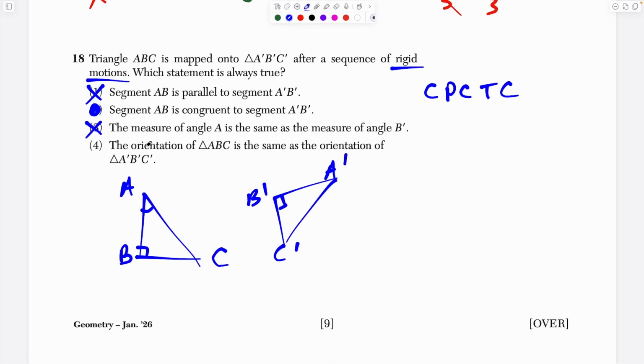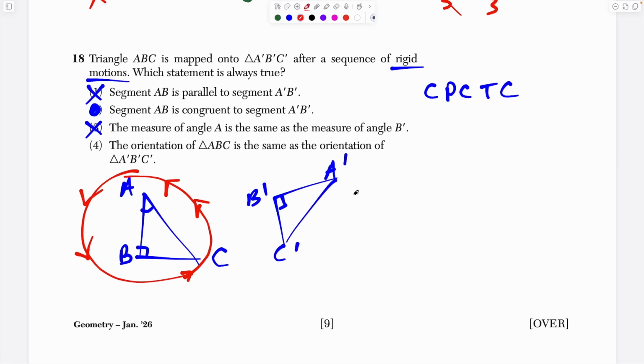Now, this one's a little tricky to understand. The orientation of triangle ABC is the same as the orientation of triangle A prime, B prime, C prime. A rotation will preserve orientation. What that means is, if I were to go in a counterclockwise direction like this, and let's say I just keep spinning in a circle, I'll just keep saying the letters ABC, ABC, ABC.